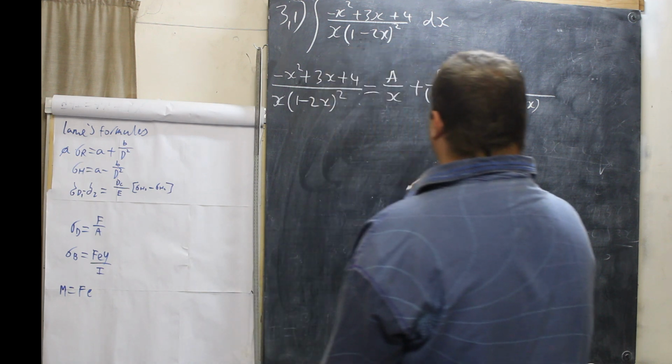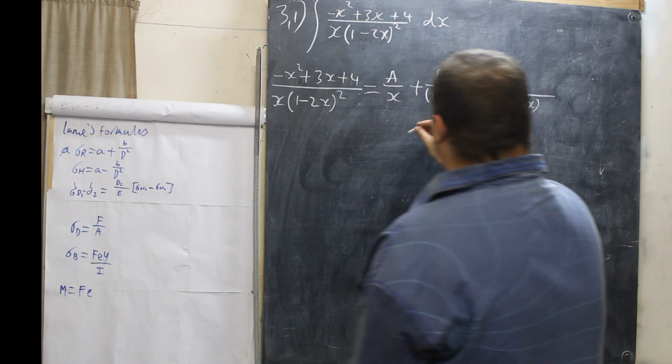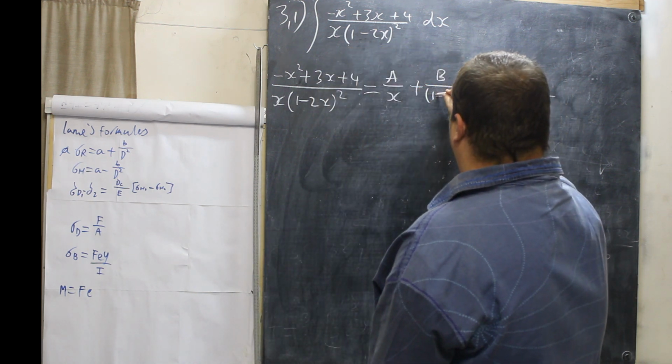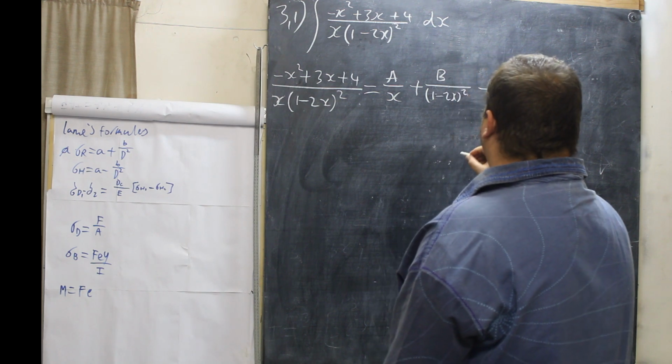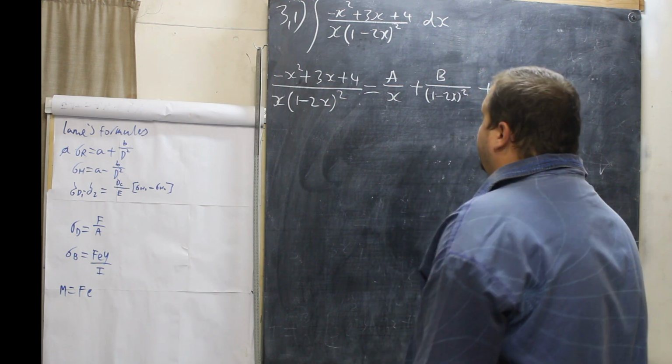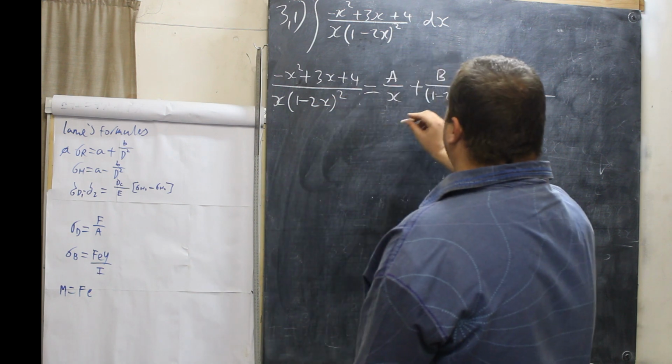Now, what we do is we multiply by every part. So, we have to multiply this by our base.